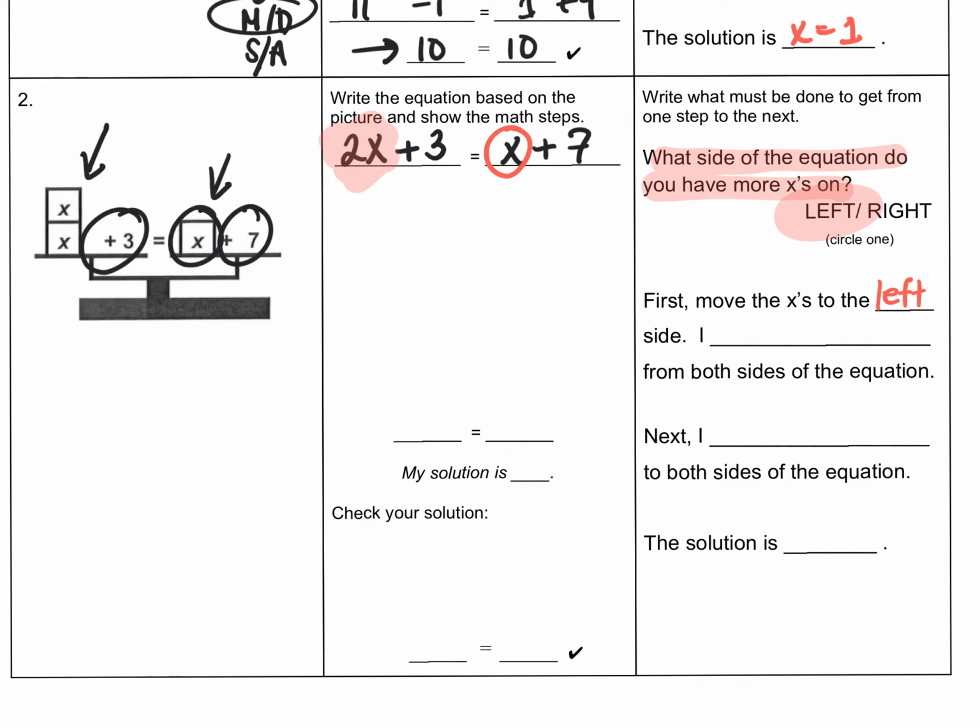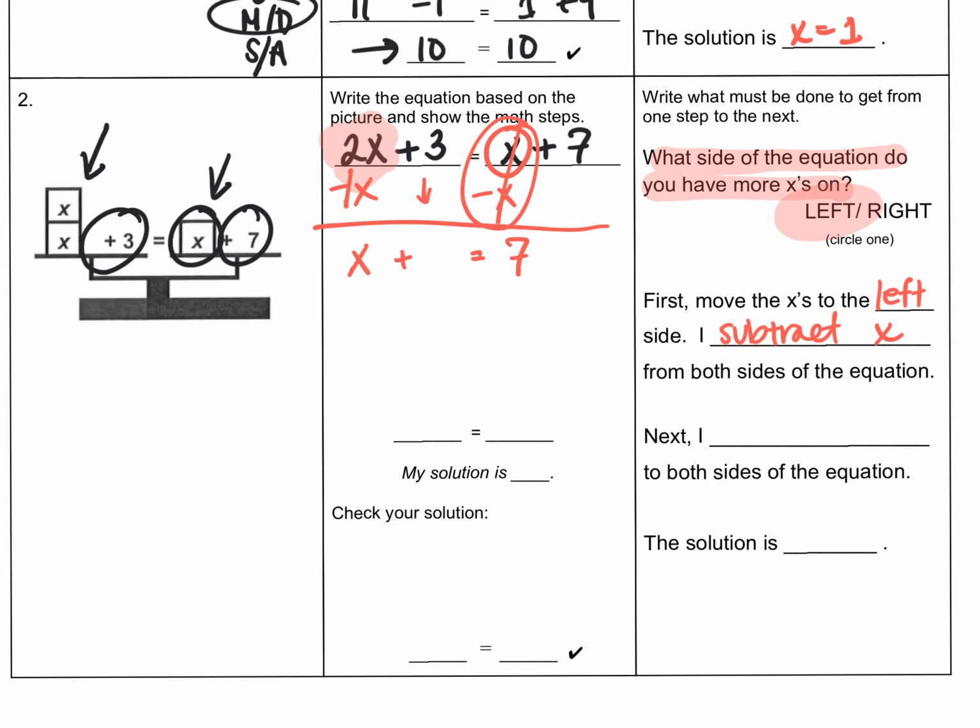This is a positive x, so I'm going to subtract x from both sides of the equation. This is going to turn into 0, so all I have left on the right is 7. And on the left, 2x minus 1x is only going to give me 1x.